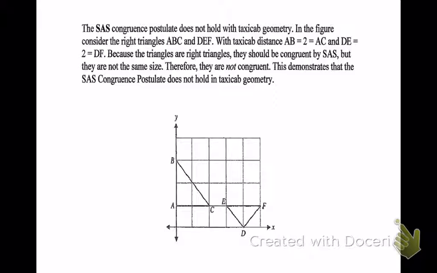Something that doesn't hold is the side-angle-side congruence postulate in taxicab geometry. Take, for instance, the triangles ABC and triangle DEF.